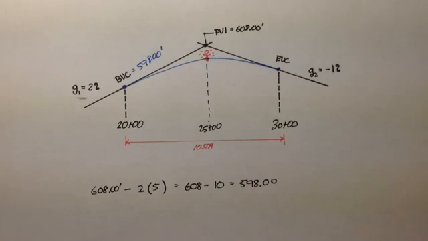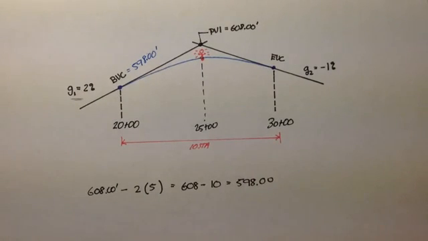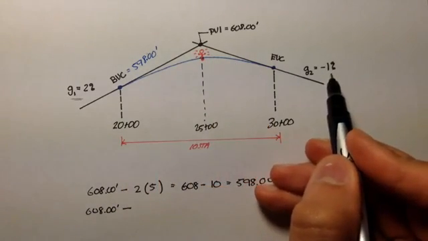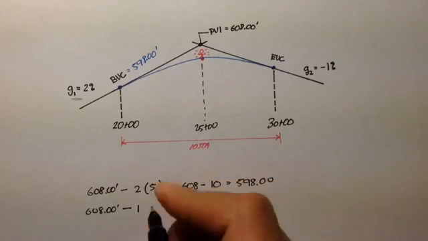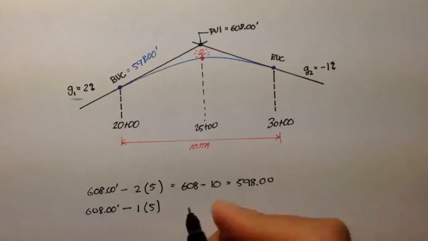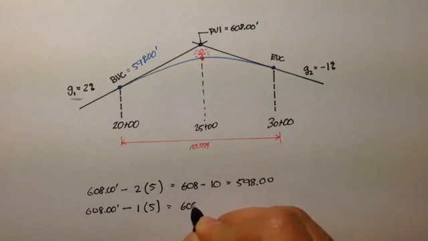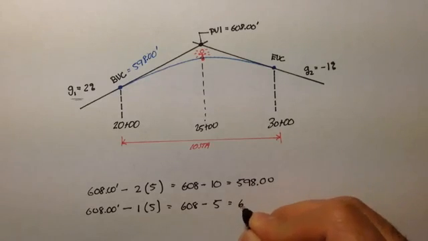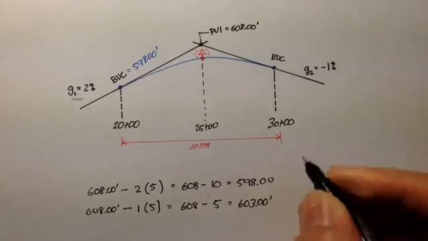Alright, our second question was, what is the elevation of EVC, or the end of vertical curvature? We apply the same grading concept here, right? 608 minus, because you're going down, a 1% grade. So you have a 1% grade, and you also have a distance of 5 stations here. So 608 minus 5 is equal to 603.